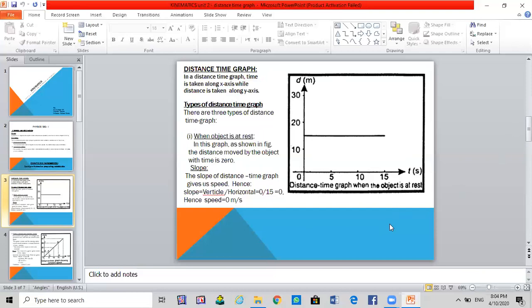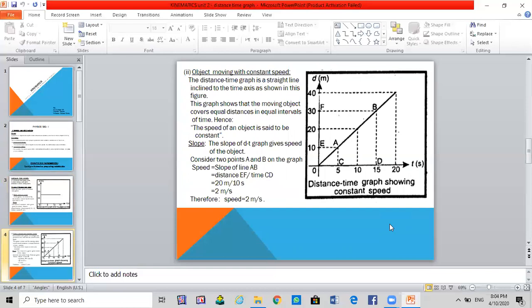Next, number two. When an object is moving with constant speed, the distance-time graph is a straight line inclined to the time axis, as shown in the figure. This graph shows that the moving object covers equal distances in equal intervals of time.